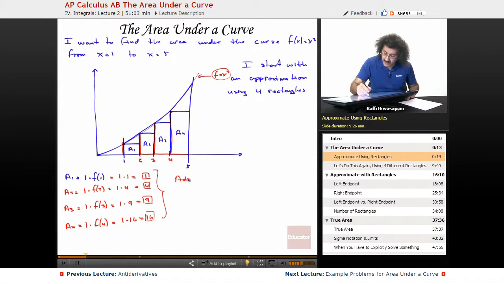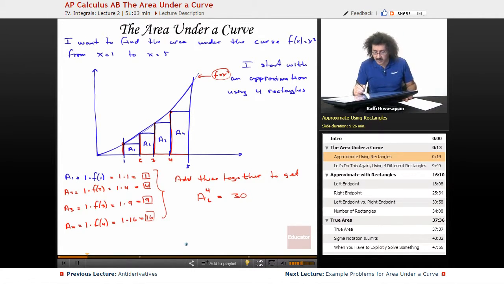I add these together to get an area, L sub 4, equals 30. This symbolism that I'm using, the 4 stands for the number of rectangles that I actually chose, the number of divisions that I made to the domain.